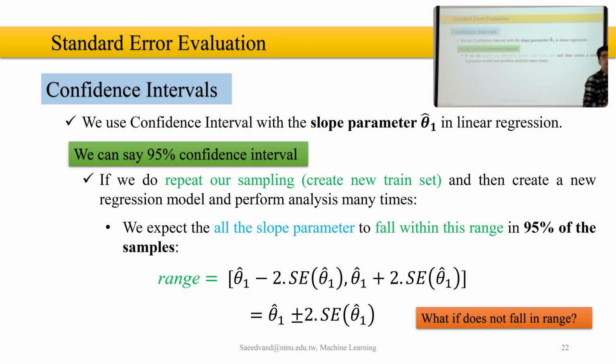Now with confidence intervals, I want to make sure that if I redo this, I will end up with the same thing. I want to say 95% of the time, if I redo this, I will end up with the same thing. Next time, if I sample this data again, with some repetition, the model that I have again represents the whole data 95% of the time. And this is the confidence interval.